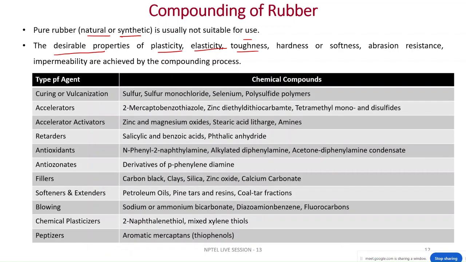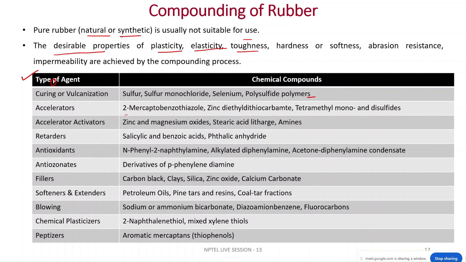So this is the whole lot of compounding agents that we are going to discuss, and some examples. The first one is curing or vulcanization. For that we add sulfur, sulfur monochloride, selenium, polysulfide polymers.